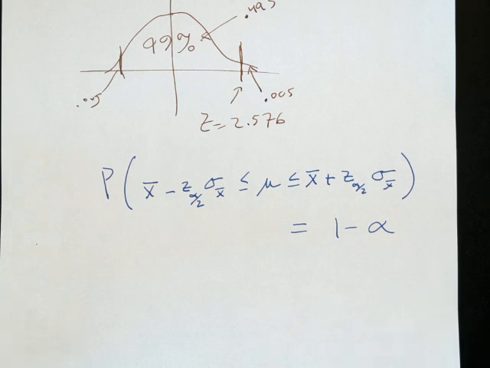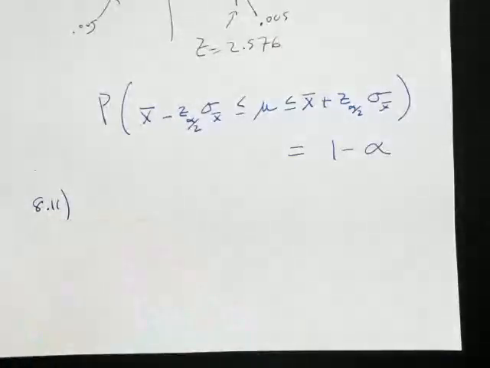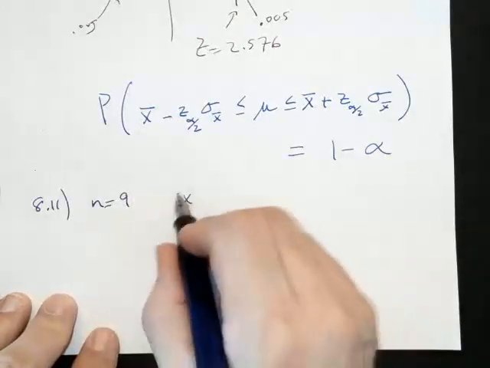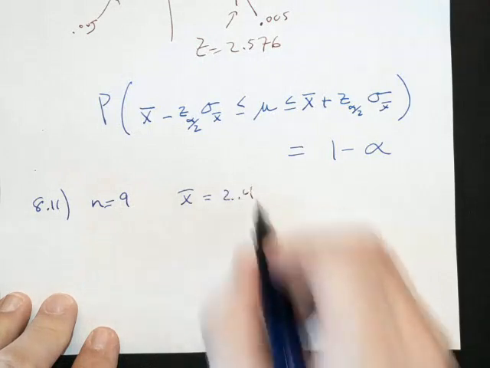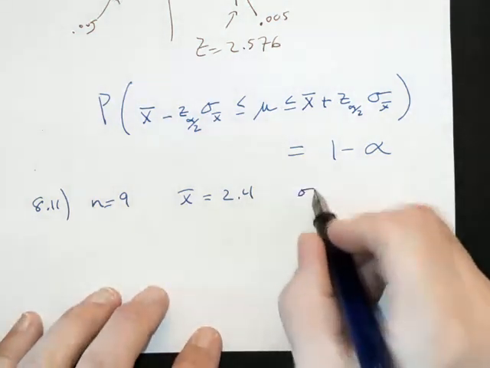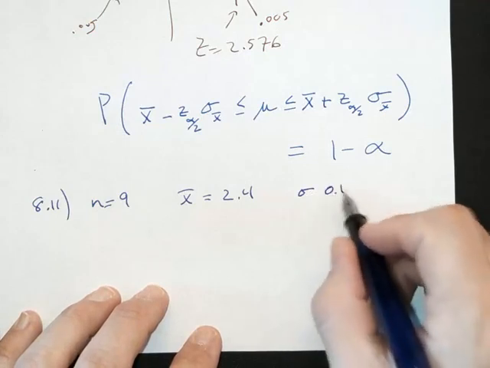So, let's suppose for a moment I go sampling and I take samples of 9 and my measurement of those 9 is 2.4. Now, because of the manufacturing process for making these items, whatever they are, I can say I expect the standard deviation to be 0.15.